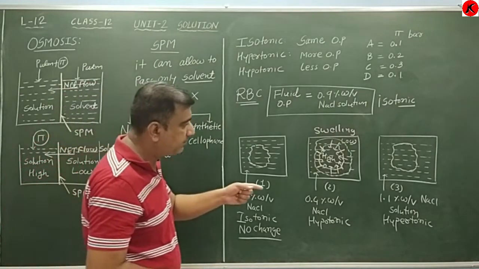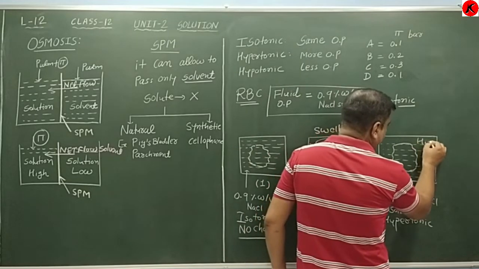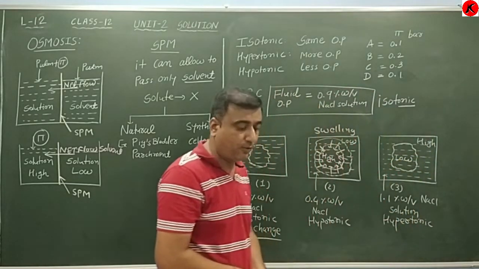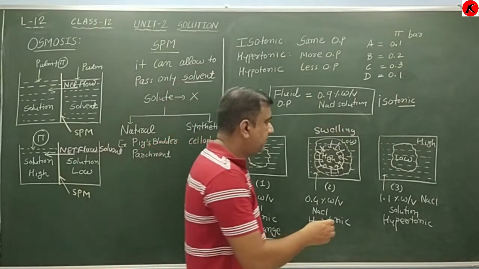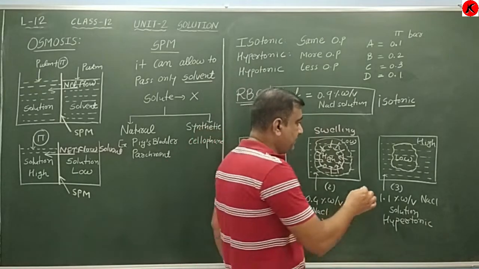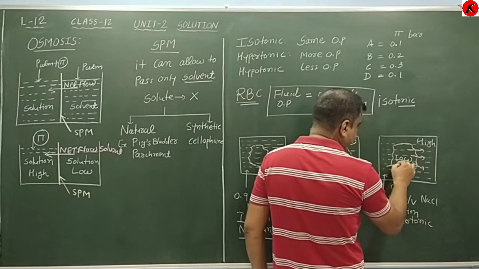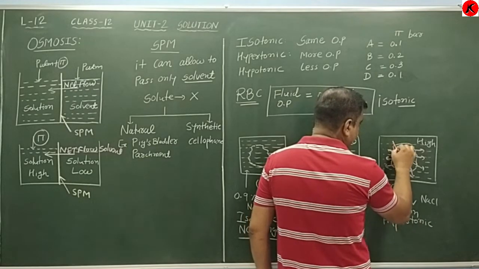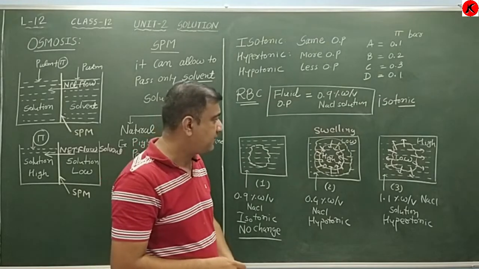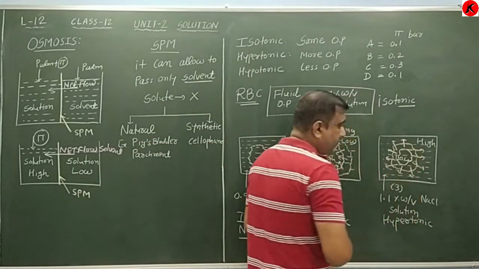Now, when it is kept in a hypertonic solution, the concentration outside is high, and inside it is low. That means solvent molecules from the RBC go outside, like this. That means the size of the RBC decreases, this will be the new size.